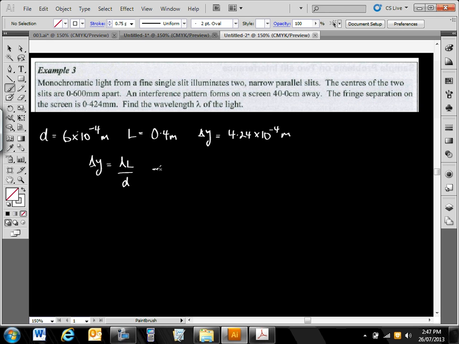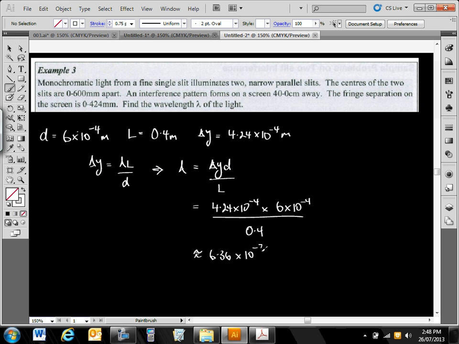Lambda from that is equal to, thank you, delta y d over L. Then it's not so hard. 4.24 by 10 to the minus 4 multiplied by d, which is 6 by 10 to the minus 4, all over L, 0.4, and we get approximately 6.36 by 10 to the minus 7 meters, which is 636 nanometers.